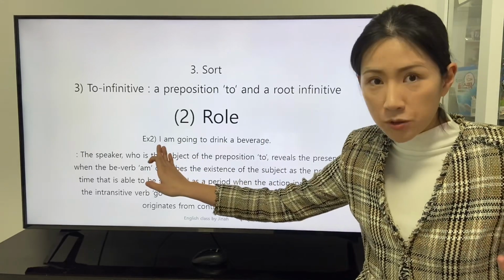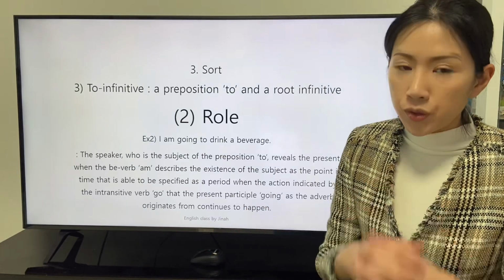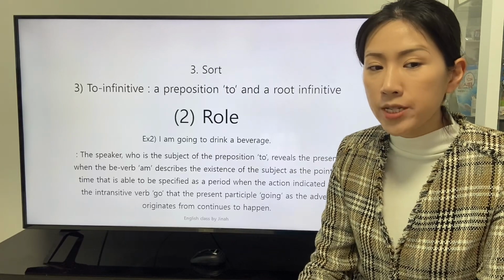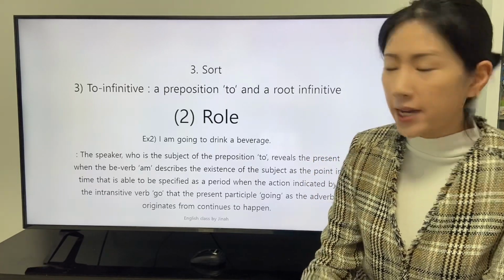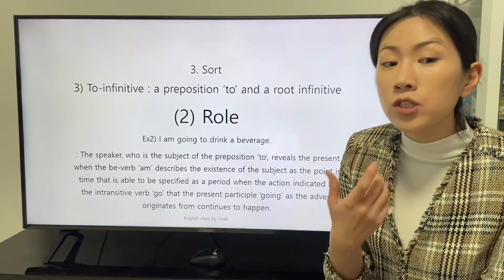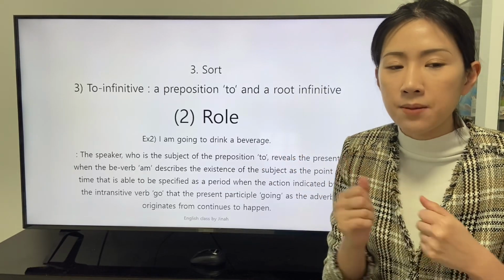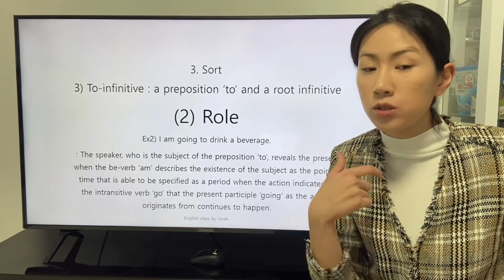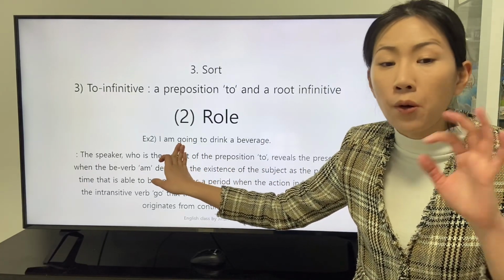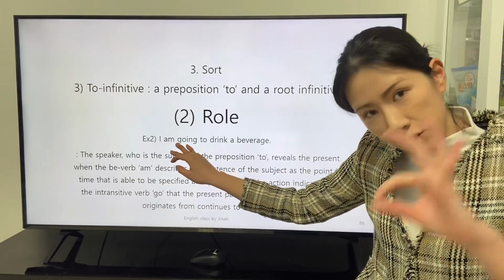of the subject. The speaker, who is the subject of the preposition to, reveals the present when the be-verb am describes the existence of the subject as the point in time that is able to be specified as a period when the action indicated by the intransitive verb go, that the present participle going as an adverb originates from, continues to happen.